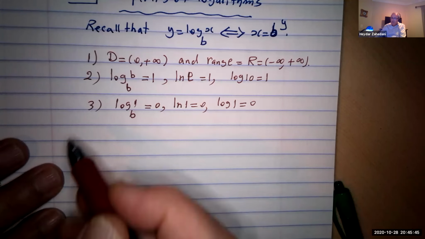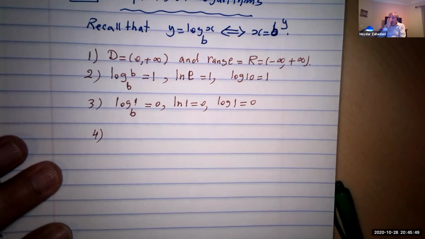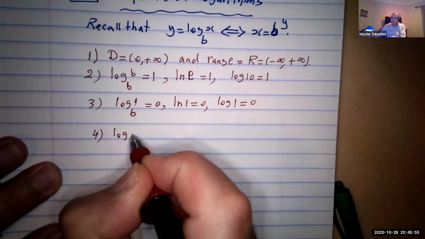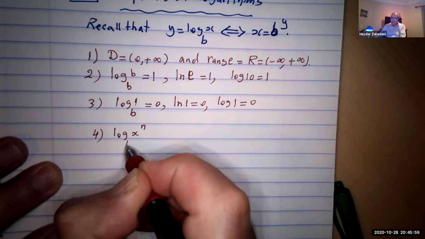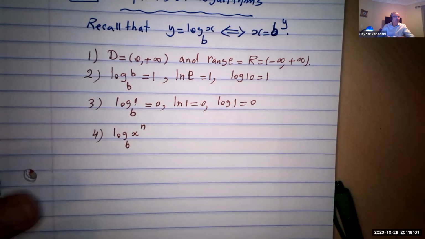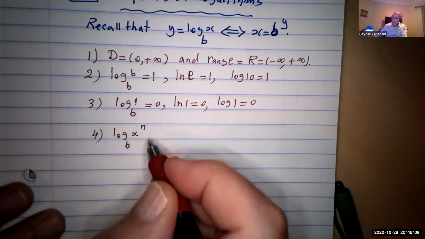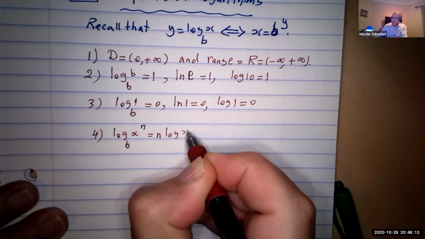What's going to be the fourth one? The fourth one is a very famous property of the log, and this is it. If you have the log of x to any power, x to the n, at any base, we can shrink it, or we just bring the power down. So this is going to be equal to n log of x at base b.